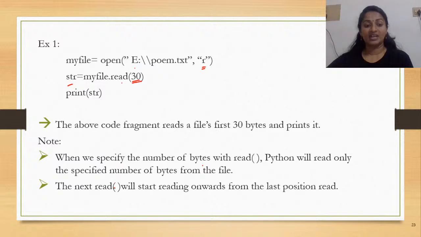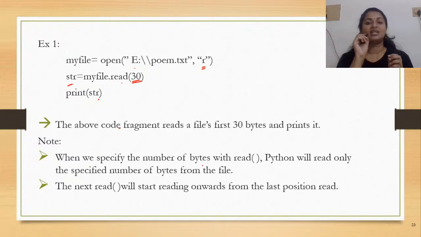Now, this is what Vishwa already asked me. The next read will start reading onwards from the last position read. That means if you have multiple read operations, say I read the first 30 bytes and print it, and then I copy-paste and say str1 is equal to my file dot read of 30 again and print str1, what happens?